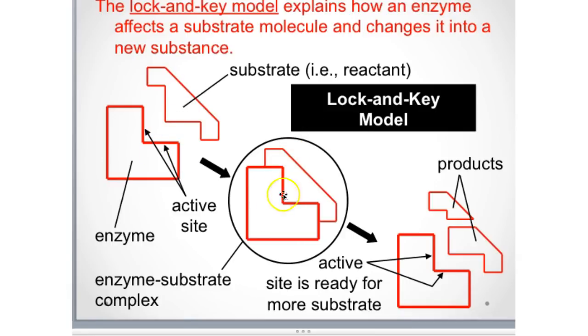So here it is. It forms a lock and key kind of model where, in order for a key to work, it has to fit in a specific way. The same thing here, in order for an enzyme to work, it needs to fit in a very specific way. And then you form your product. So here we had one piece, now we have two pieces. So thanks to the enzyme, it helped to slice this reactant into two. This complex is called the enzyme-substrate complex. Again, that's how enzymes work.